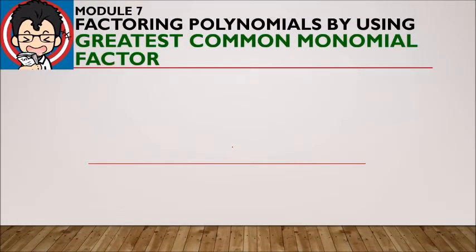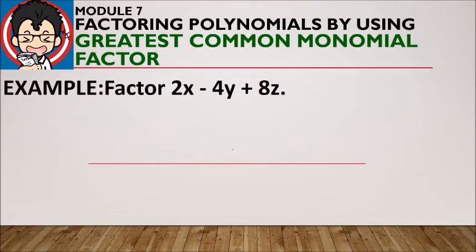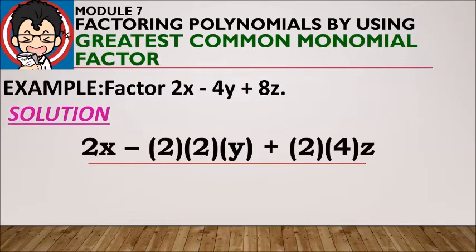Now, in this case, kaya nga siya tinawag na factoring by using the greatest common monomial factor is simply because there exists a factor na common sa bawat term. Kaya nga common monomial factor eh. I hope in this example, ayan o, mapapansin nyo na siya.